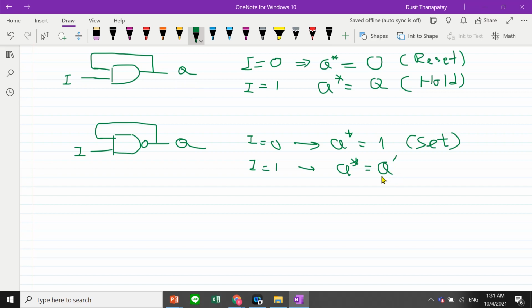And if the output is opposite to the previous one, for example, if the previous value is 1, then it becomes 0, right? And if the previous value is 0, then it becomes 1. In this case, it's called toggle.